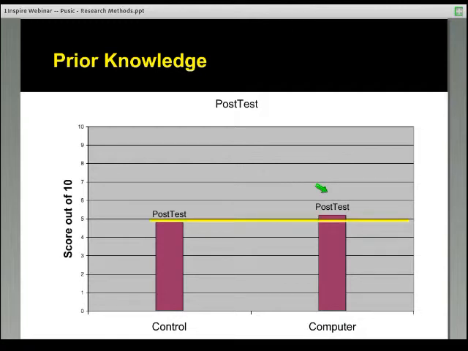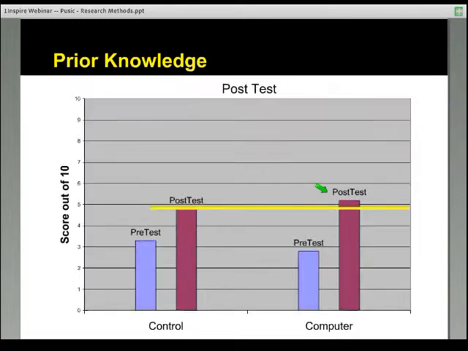We can see that in this particular study, in terms of their score out of 10 on this exam, there's something of a difference on the post-test in the computer group. Is that meaningful? And especially, would it be more meaningful if one group scored higher on the pretest than the other group?